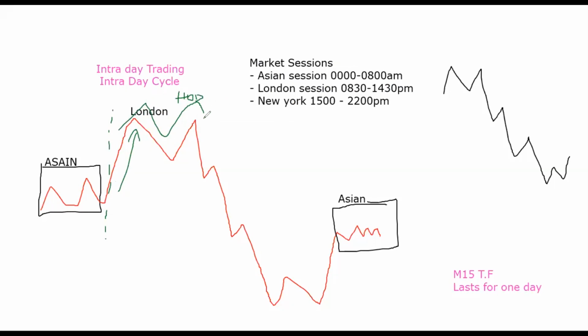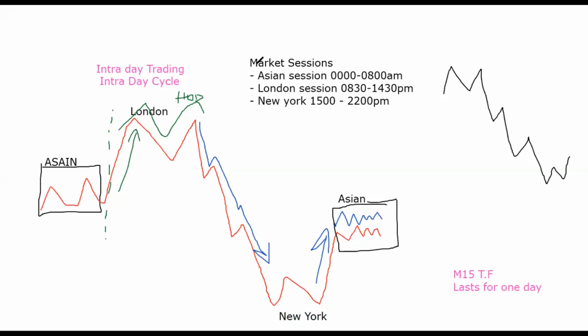So when it has formed the high of the day, the market then trends downwards until the New York session, and then the market will start to reverse. After the market reverses, it ends the day in consolidation, which is the Asian, and we begin the new day. So this is basically what we believe about intraday cycles.